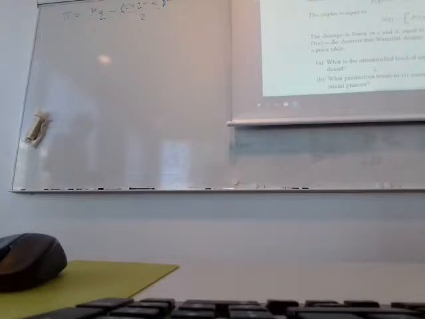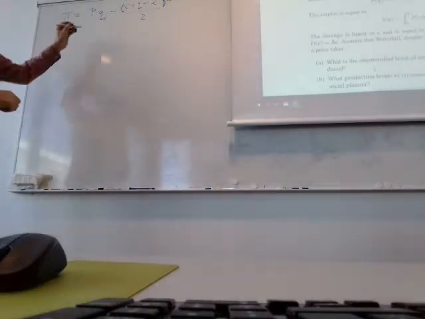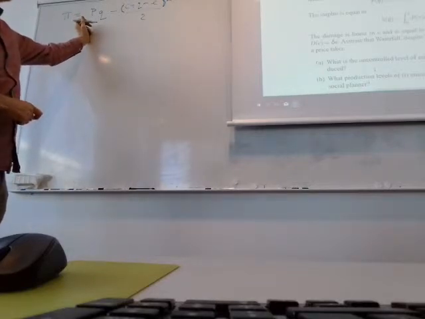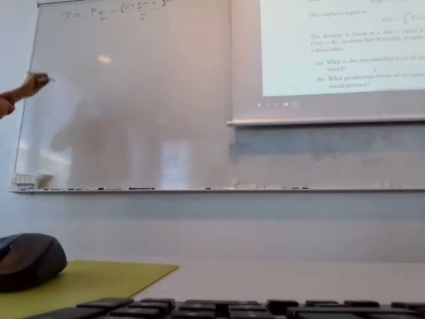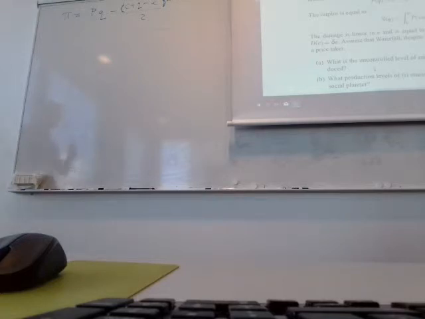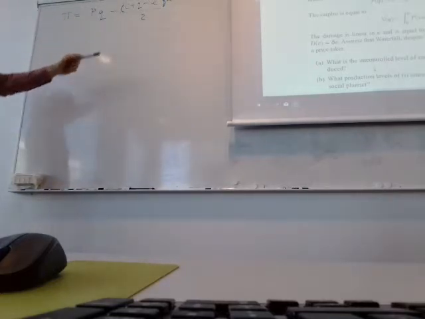So, if we just focus on the information we need, what is the uncontrolled level of emissions for a given amount of electricity produced? So Q is electricity, E is emissions. Okay, so how are we going to answer part A? It's not going to be based on this, is it?